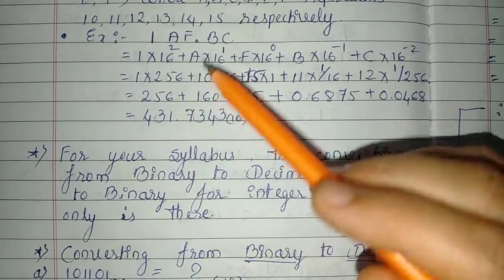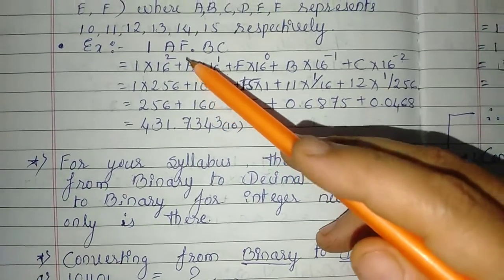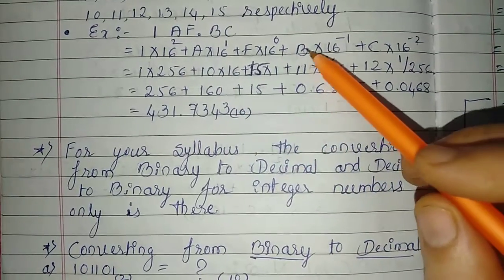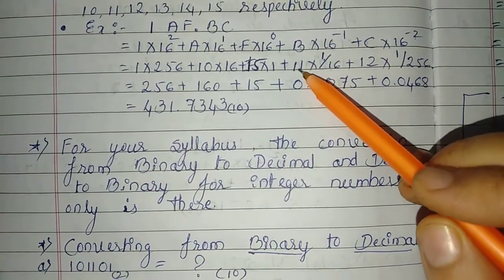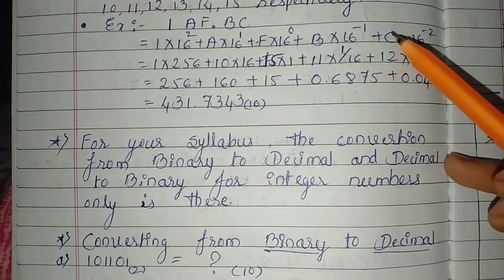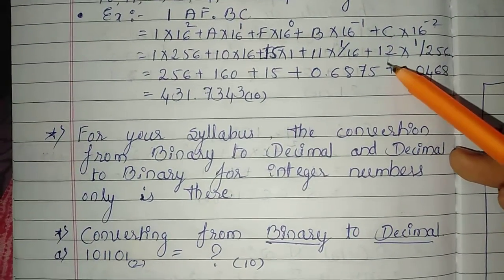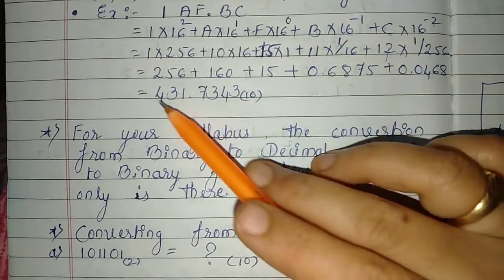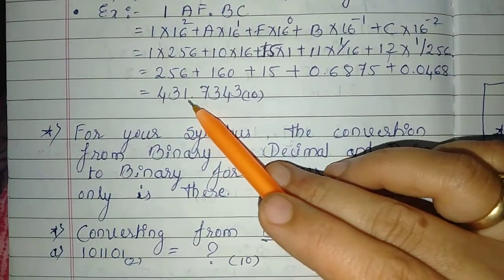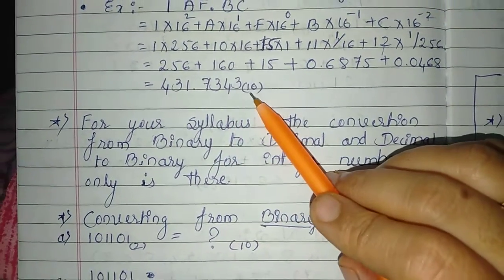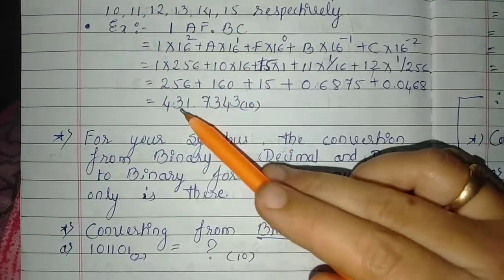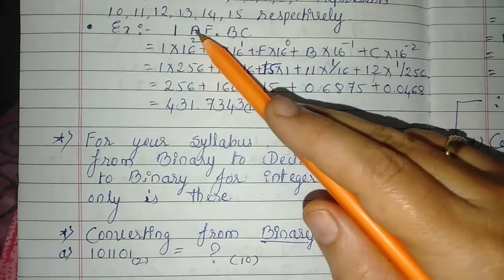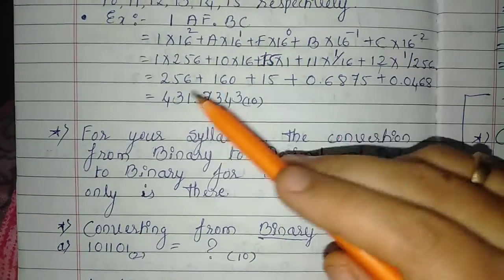The value of A in the hexadecimal number system is 10, the value of B is 11, the value of C is 12. Then do the calculation. We'll get 431.7343.